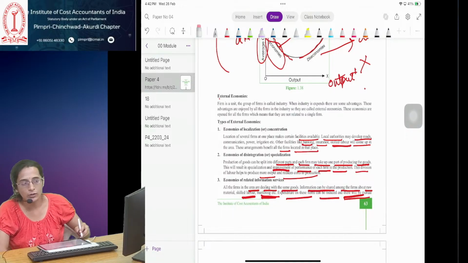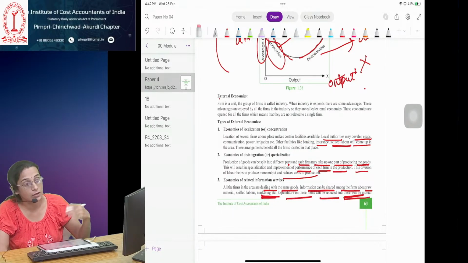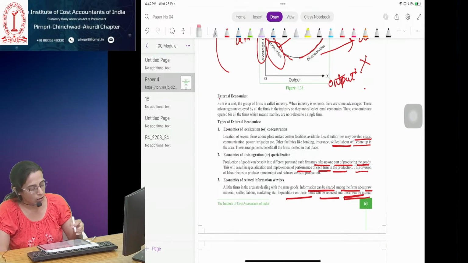External economies. Economies means the advantages. External means what? To all the firms in the industry. Every automobile producing company will get that advantage. So all the firms in the industry.